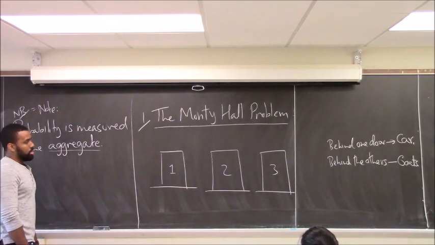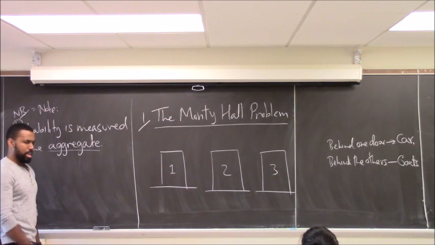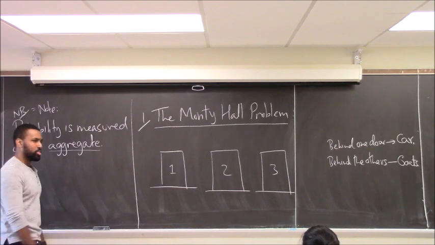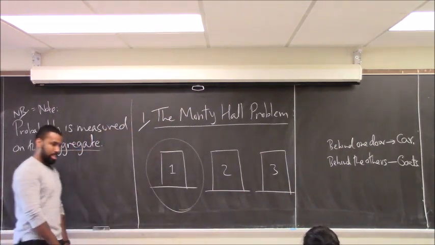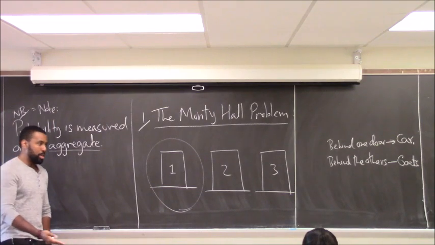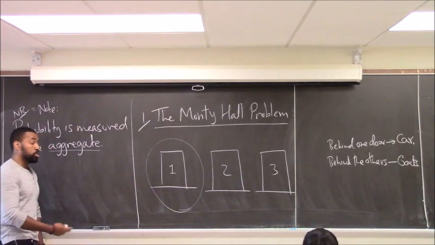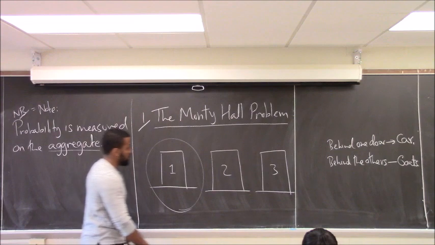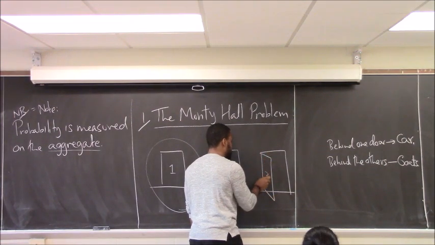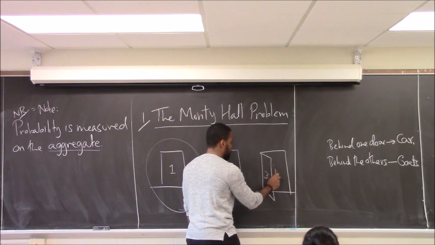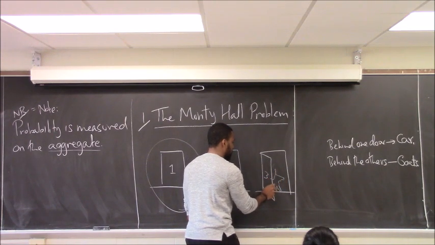Okay? So you pick a door at random on this game show. Okay, pick a door. What door do you want to pick? Door number 1. Okay, so he picks door number 1. So now what Monty Hall, the game show host, does is he shows you another door. He opens door number 3, and behind door number 3 is a goat.